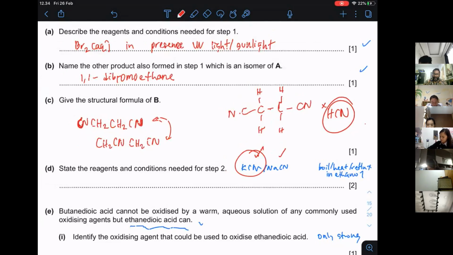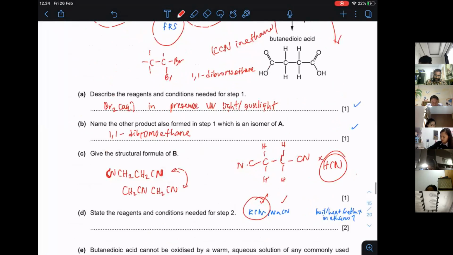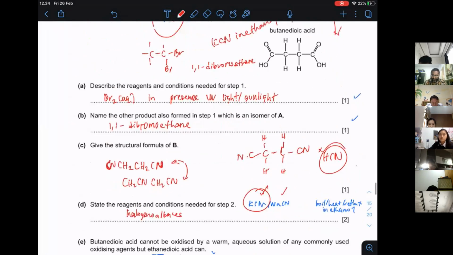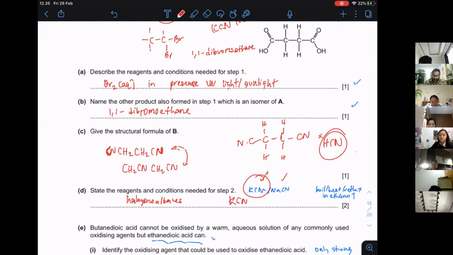Because now we are using KCN and NaCN with the halogenoalkane. So with this halogenoalkane, I'm going to put the KCN or NaCN, but the KCN and NaCN must be heated under reflux, and must be in the presence of ethanol. Why am I not asking you to write HCN? Because HCN is used for the reaction with carbonyl compounds. You go and check your textbook.